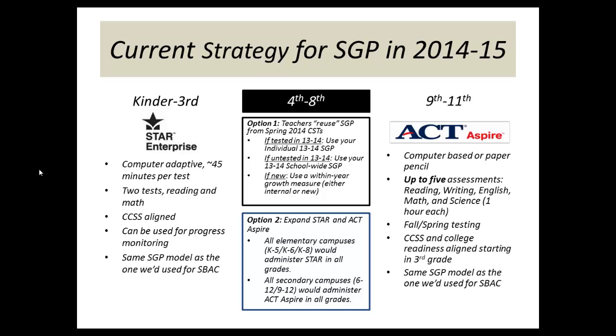At all secondary campuses, so if you're at a 6-12, a 9-12, or a 6-8, you would administer ACT Aspire in every grade level. And so that would be some combination of those 5 assessments that are over here on the right, and basically there would be alignment in this model across schools. So everyone in the school would either be giving STAR or ACT.